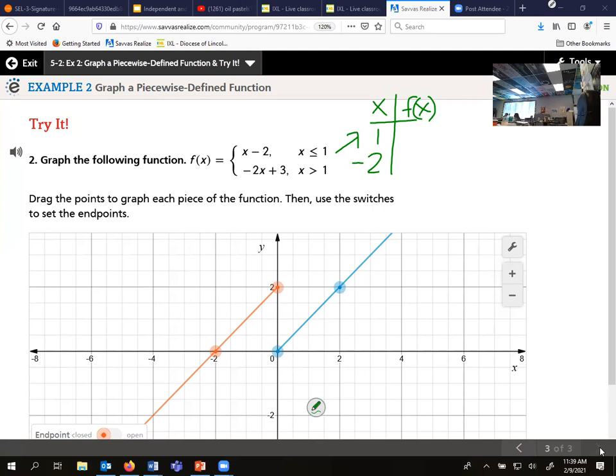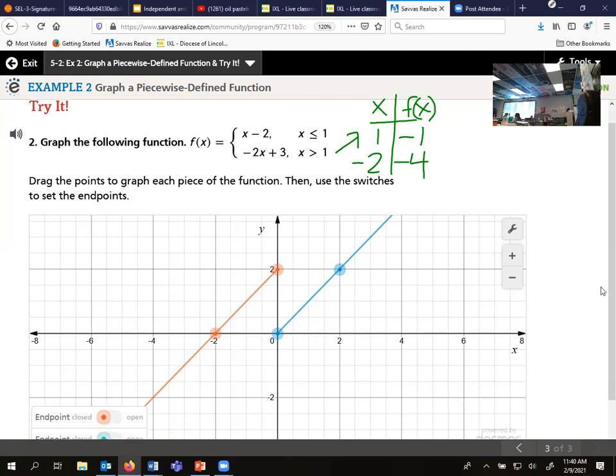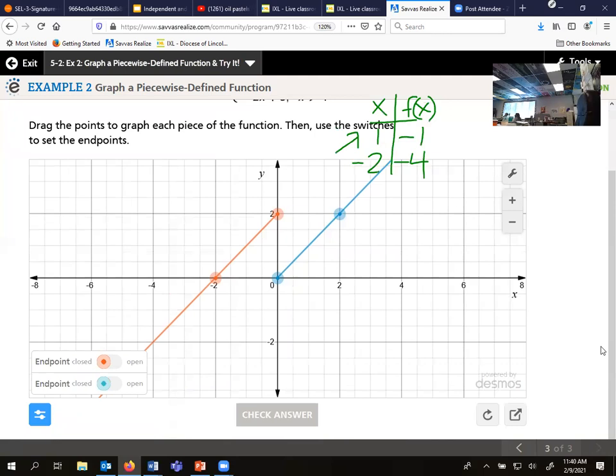Awesome. -1. If I plug in a -2, what's -2 minus 2? -4. Then I'm going to graph this line.